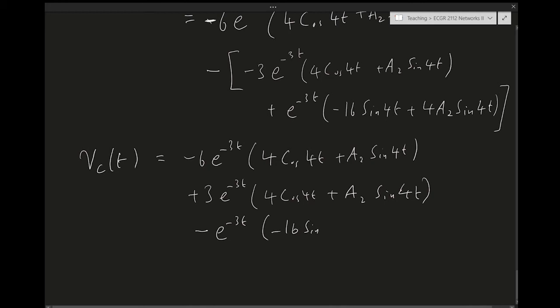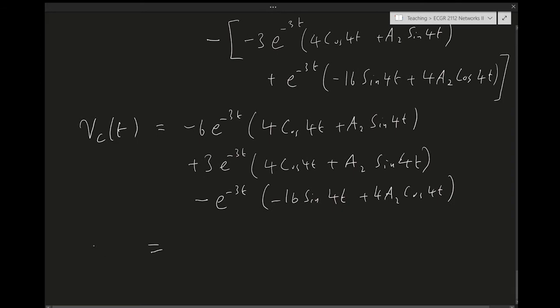Oh, I made a mistake here: when I differentiate sine I get cosine. Minus 16 sine 4t plus 4A2 cosine 4t. So this is the expression I'm trying to find.